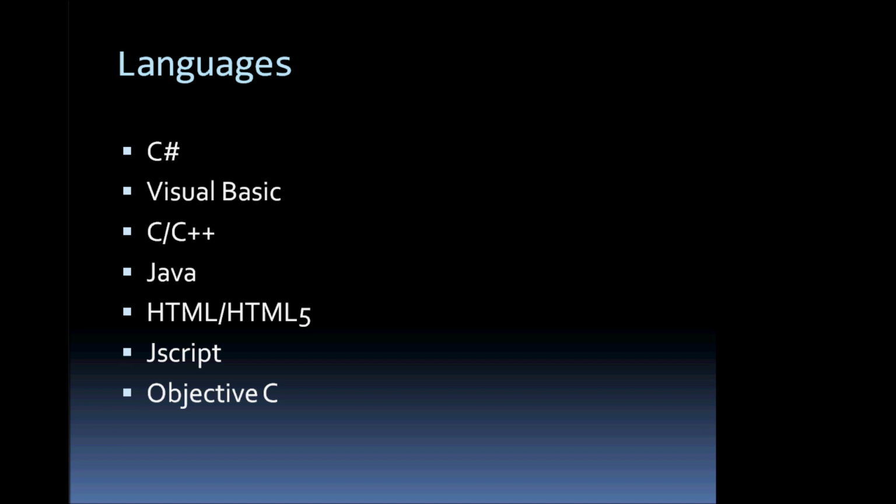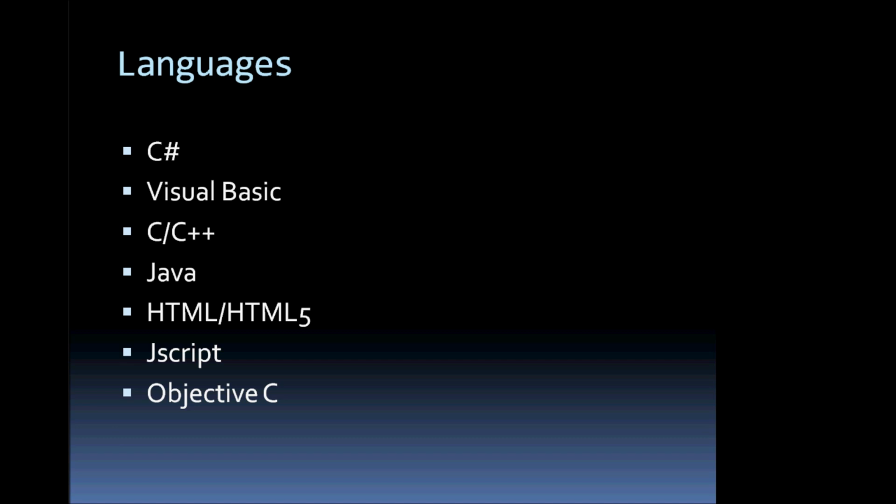All right, so the next thing after you have your piece of software or your IDE or your tool that you're going to use to develop, you need to decide which language you want to write in. If you're doing entertainment-based software, I recommend C Sharp.